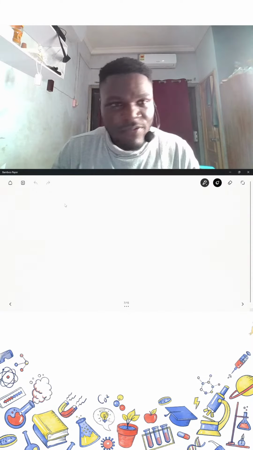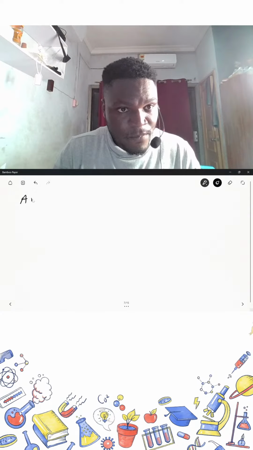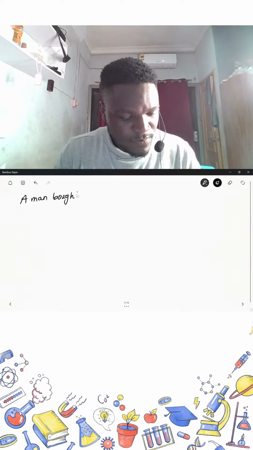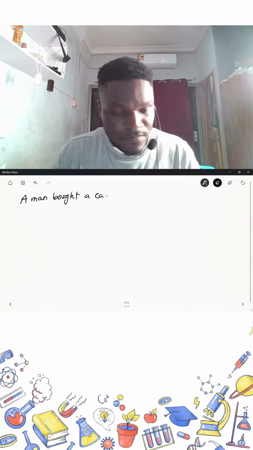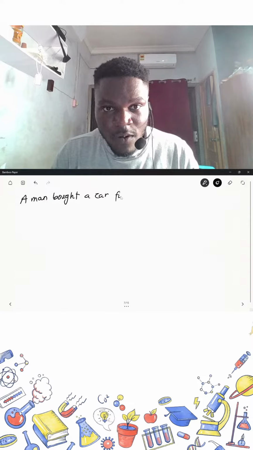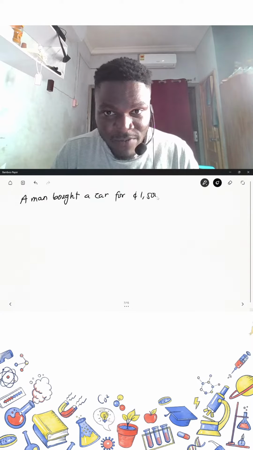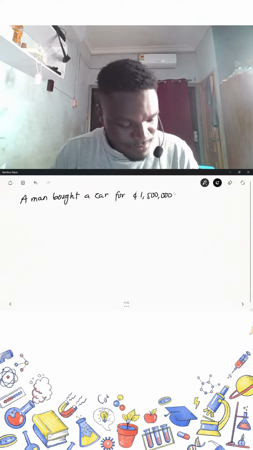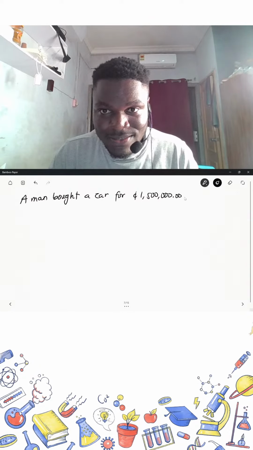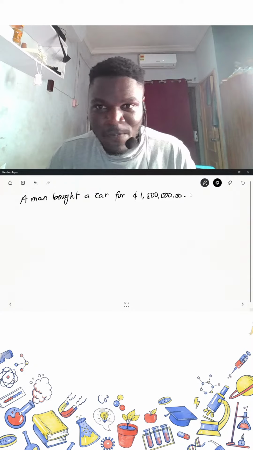So we have here a man bought a car for $1,500,000. Okay, which means he's very rich.